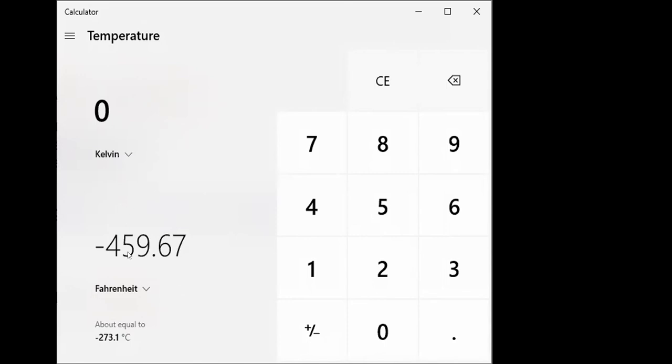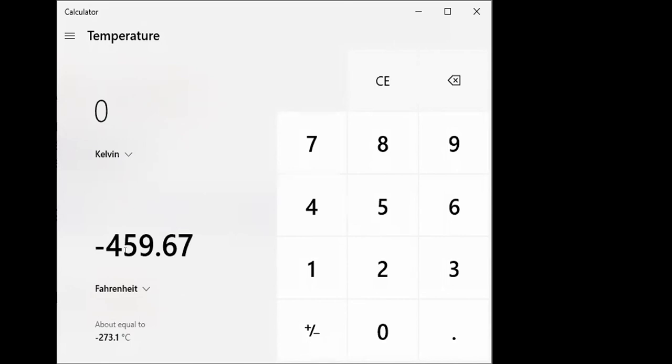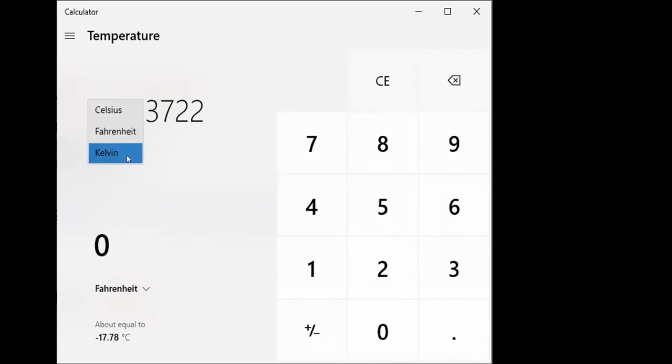What are the units there? The drop down. So only three are there.